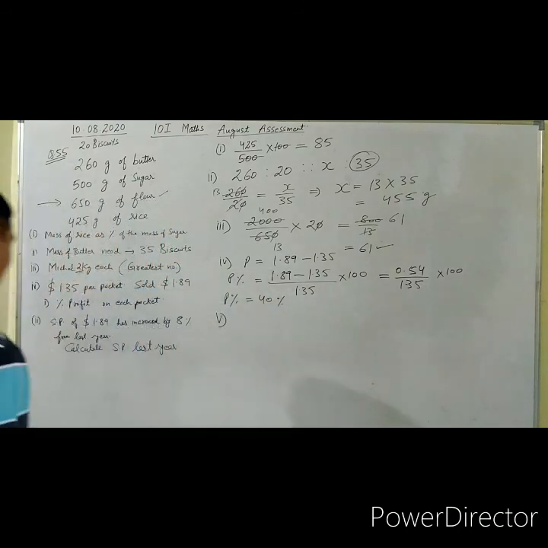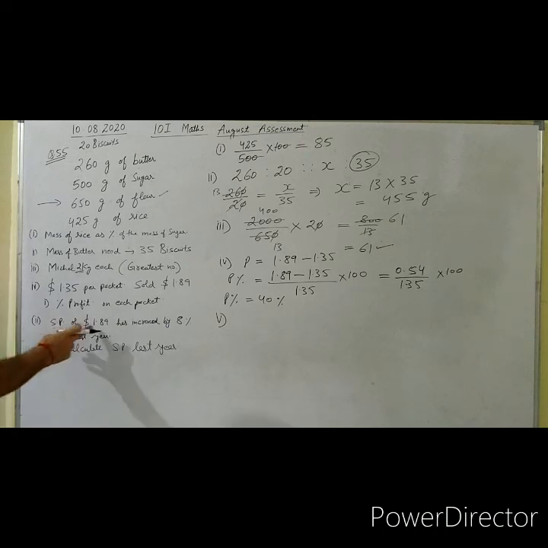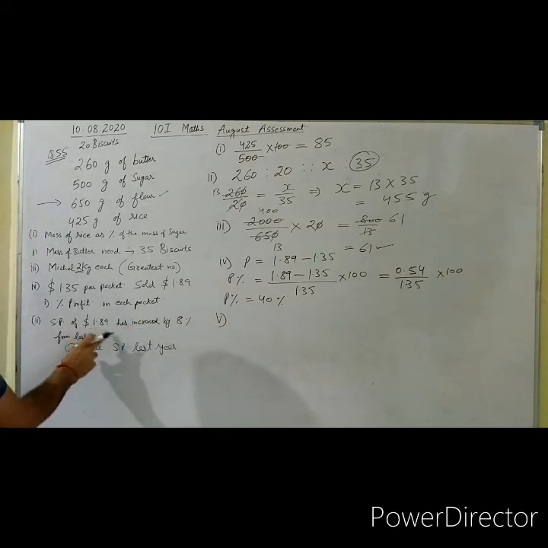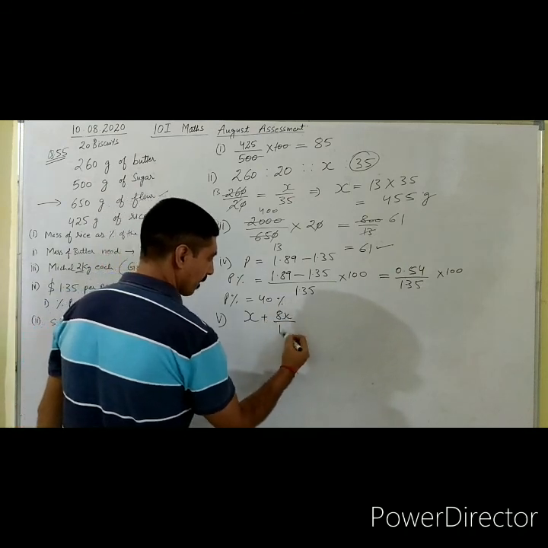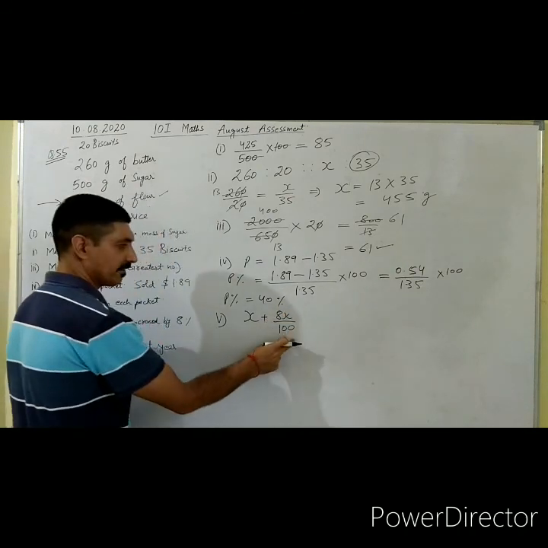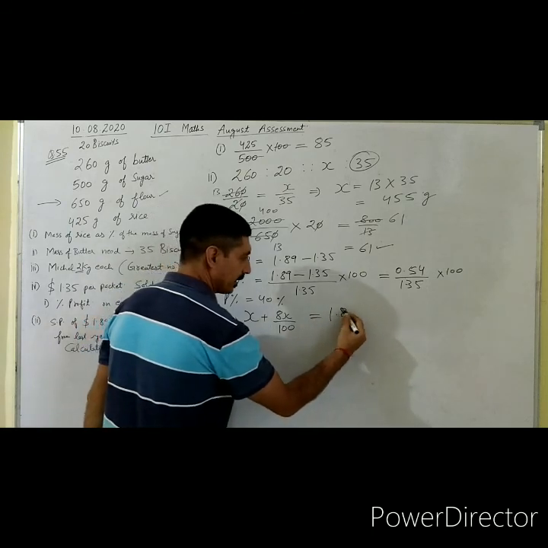And the last part: the selling price of $1.89 has been increased by 8% from last year, right? So let X be the selling price last year, and 8% is increased. So X plus 8X upon 100, that is 8% of X, is equal to 1.89.